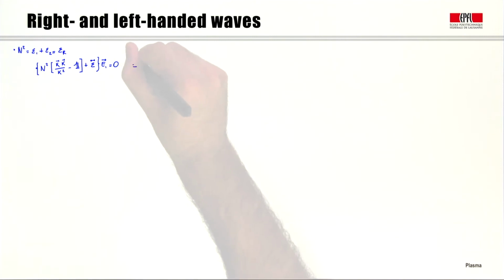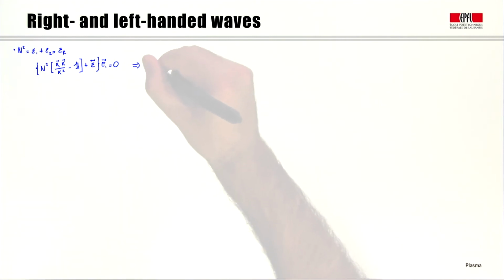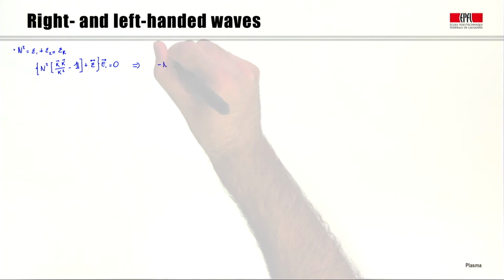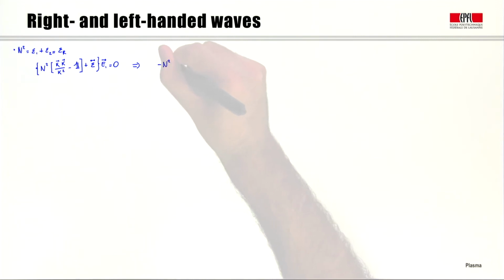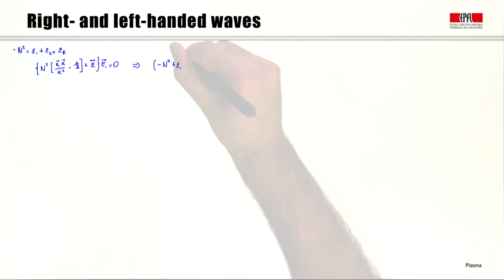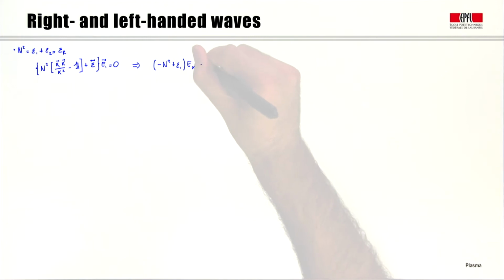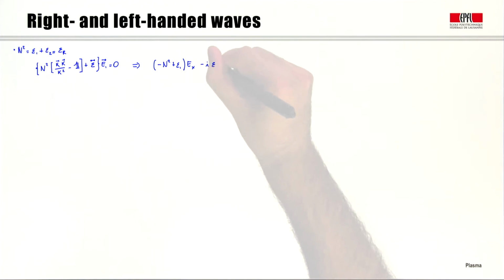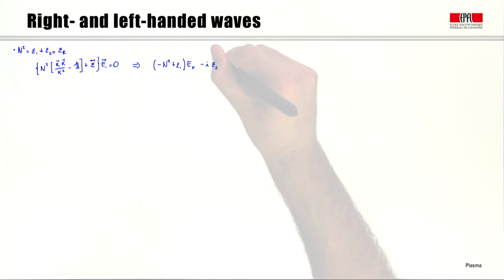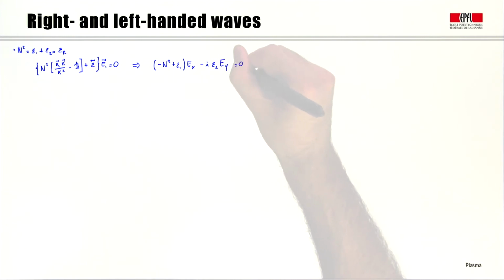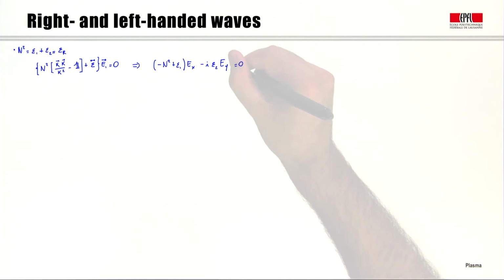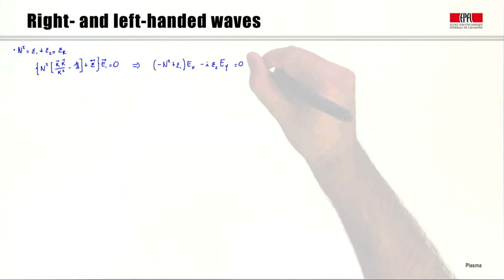Well, if we look component by component, this linear system tells us for the first equation, with theta equal to 0, that minus n square plus epsilon 1 multiplied by Ex minus i epsilon 2 Ey has to be equal to 0, as there are no terms related to Ez.